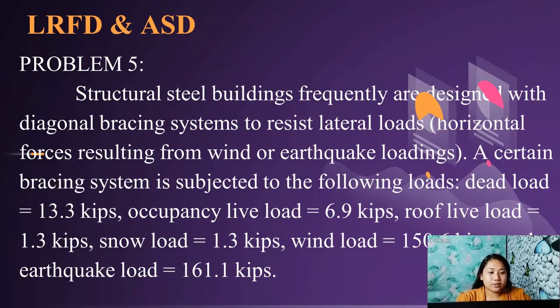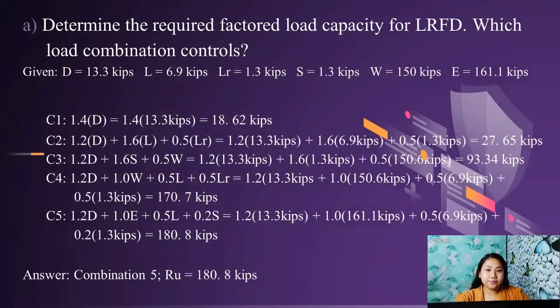Then wind load is 150.6 kilopascal and earthquake load is 161.1 kilopascal. Then letter A: determine the required factored load capacity for LRFD. Which load combination controls? So we just distribute the given values. So we have here the ultimate strength, which is combination 5, 180.8 kilopascal.